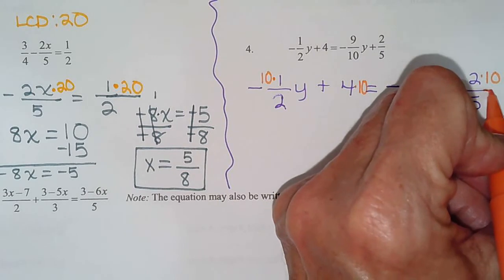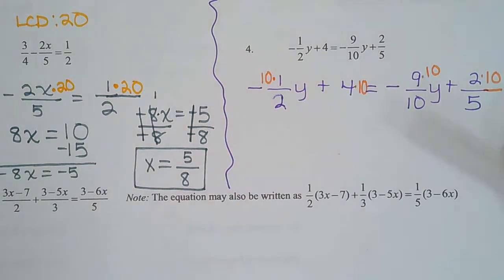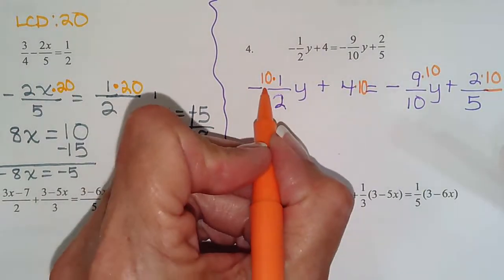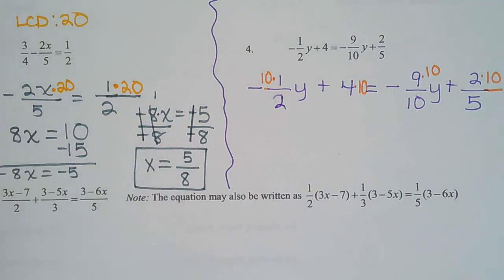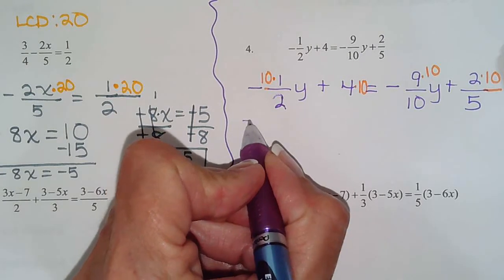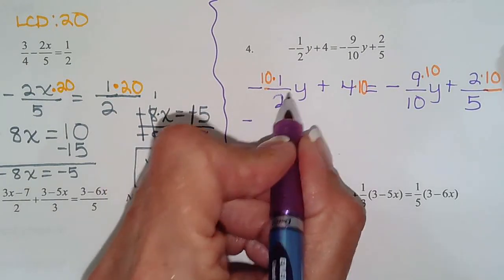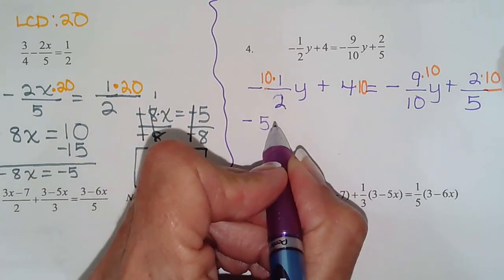And if it helps you to extend the numerators a little bit, just to know that first you multiply, then you can divide, or vice versa, it doesn't really matter. So we can see this first term is going to be negative, and 1 times 10 is 10. Divided by 2 would be negative 5y.